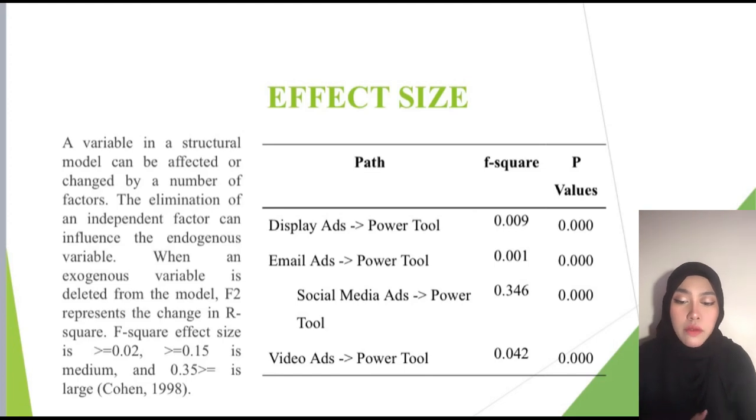An F square effect size of 0.02 is small, bigger than 0.15 is medium, while 0.35 is large. As we can see, for display ads, all of them were 0.00 for the p-values.